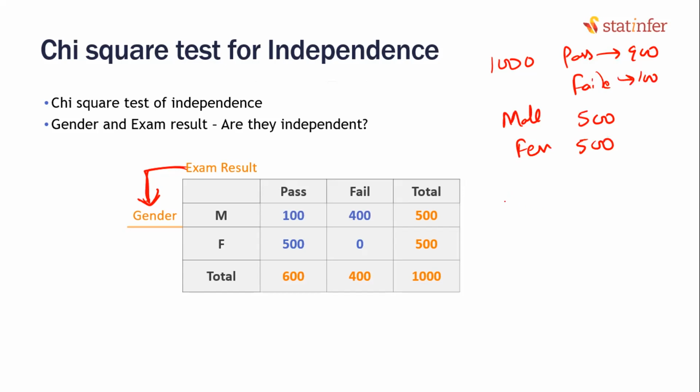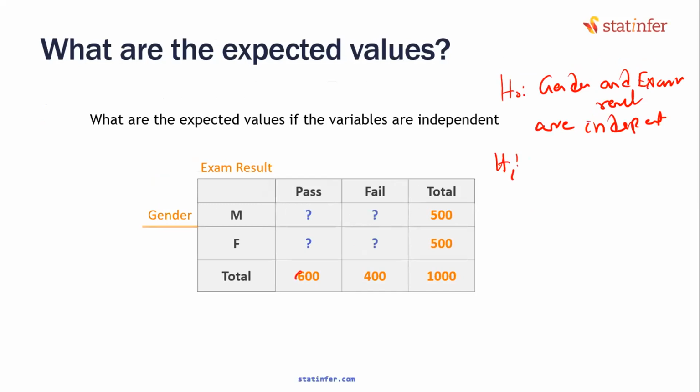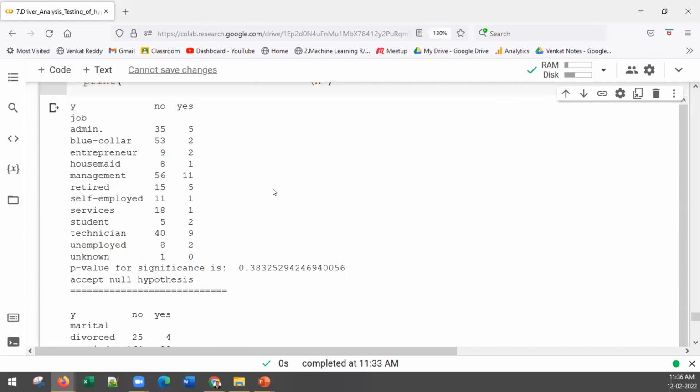Now look at this. In the same example, passed are 900, failed are 100. So look at this here, out of 500, 450, 50, 450, 50. Does the table look similar to the table over here? Yes.